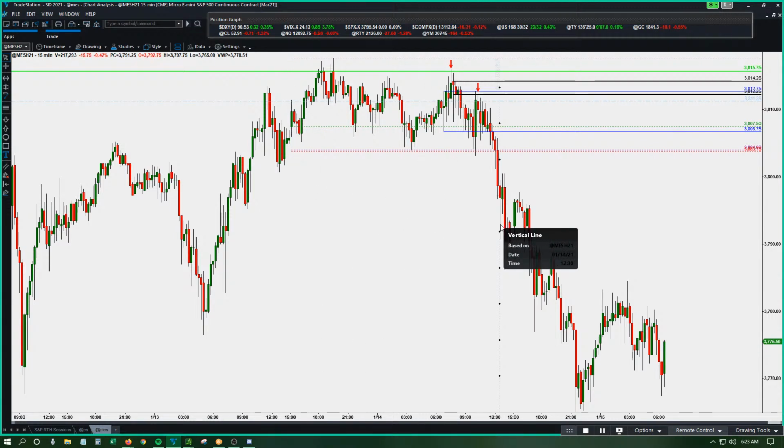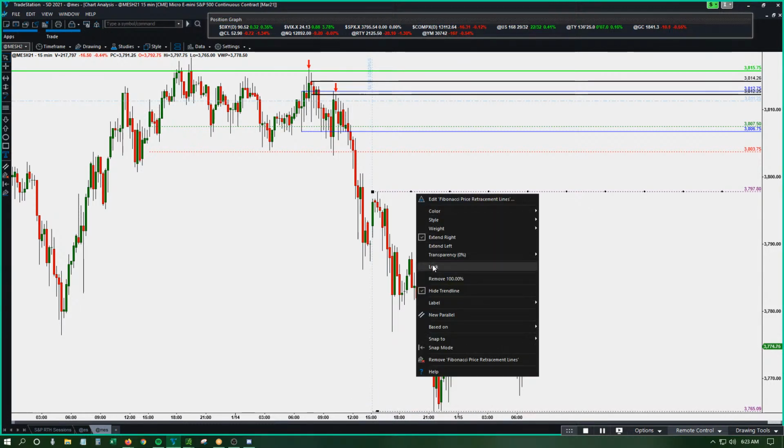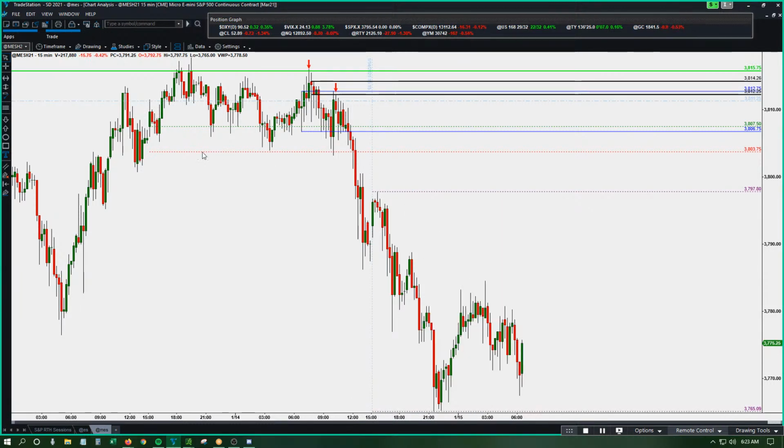So let's go ahead and get this going real quick. Finding the session start for Globex right there. The overnight high, overnight low is all the way down here. Lock that in. Previous close.